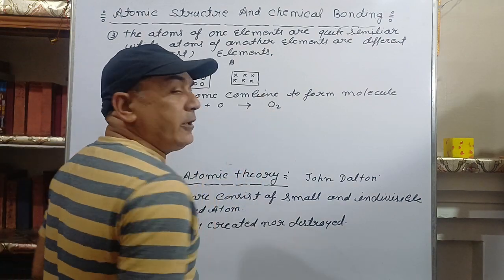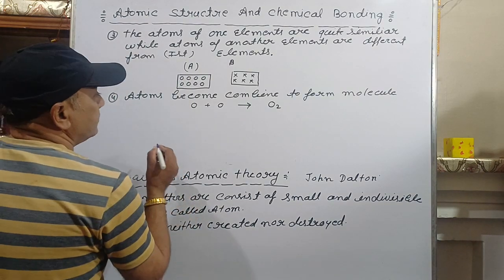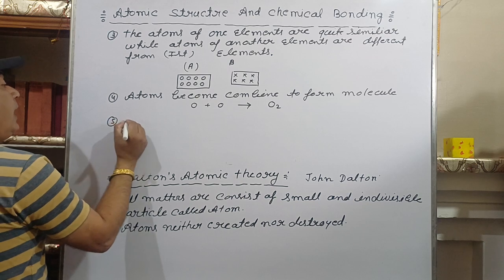For example, the atomicity of oxygen is 2.